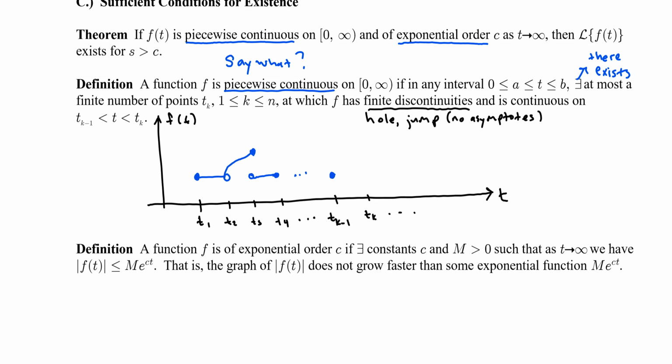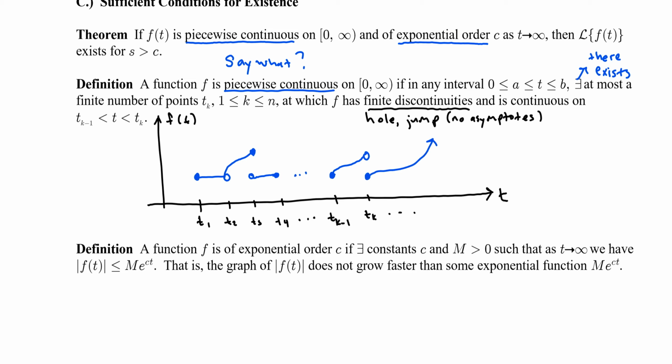So it may start here, may go up something like this. And again, I'm just sort of making up the graph. So the idea is it is continuous on this subinterval, it is continuous on this subinterval, and it is continuous on this subinterval. And then from that point out, it's going to be some sort of continuous function. Okay? So we have a finite number of discontinuities.